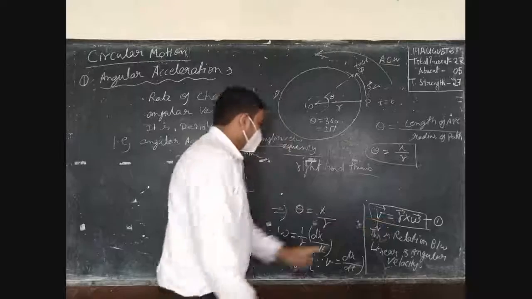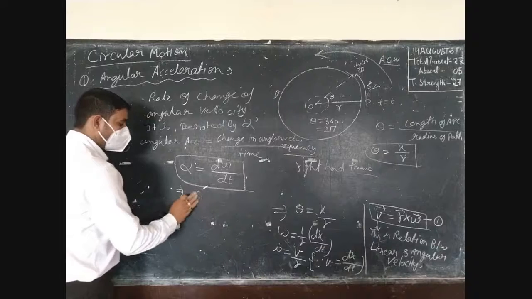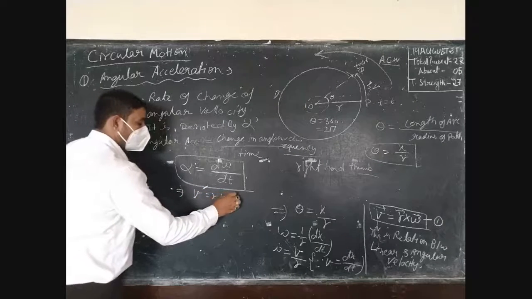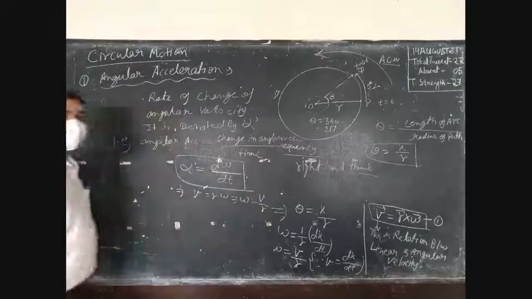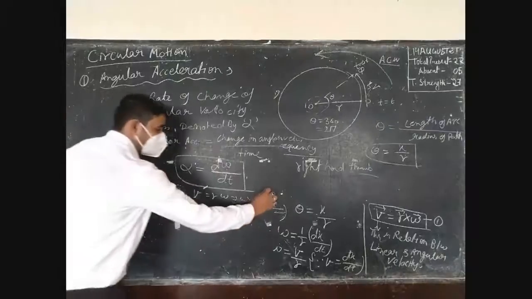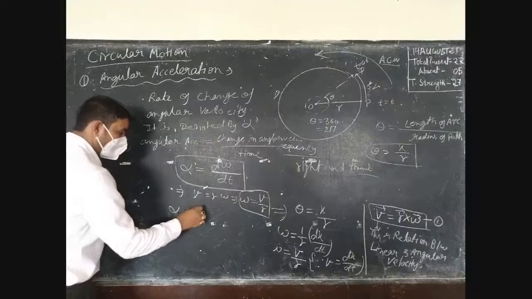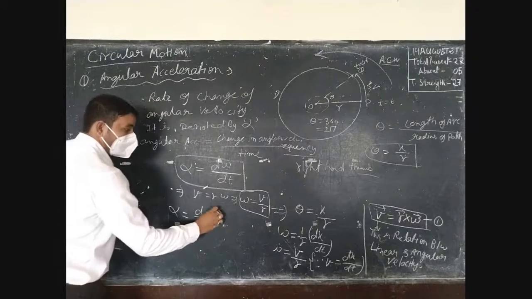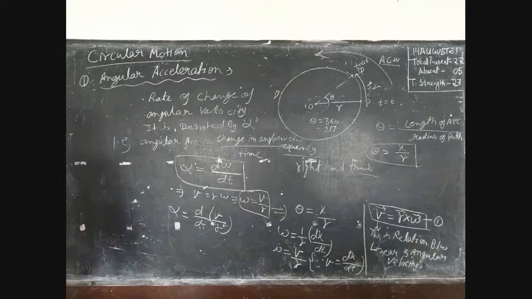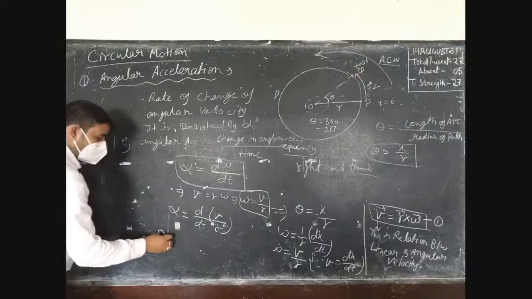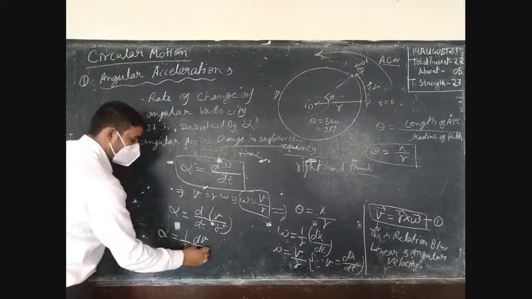From the relation v equals r omega, we get omega is equal to v upon r. Using this relation, we get alpha is equal to d over dt of v upon r. Again, this r is constant, taken out from the differential operator d over dt. We get alpha is equal to 1 upon r dv over dt.